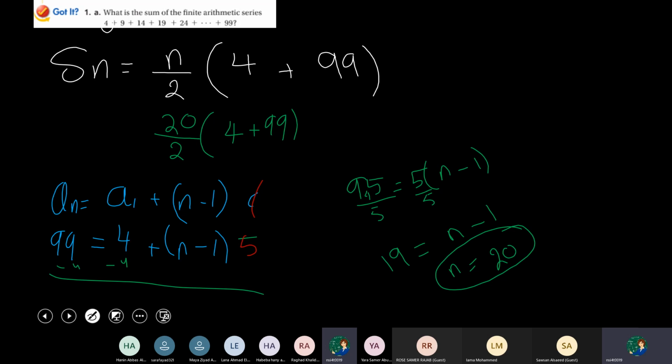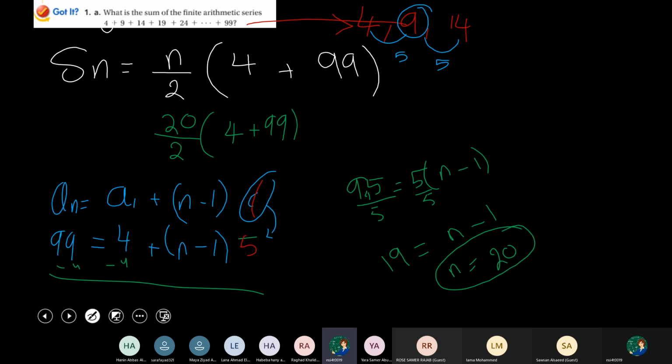How can I find the common difference? If you have 4, 9, 14, how can you find the common difference for this series? By subtracting the numbers. 9 minus 4 is 5. 14 minus 9 is 5. So d is the common difference: I subtract each two terms and I get 5. Is it clear now, Lama? Yes.